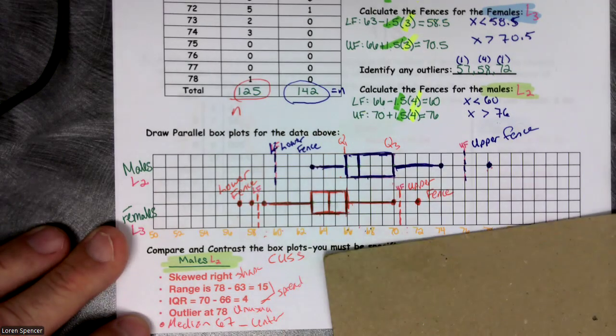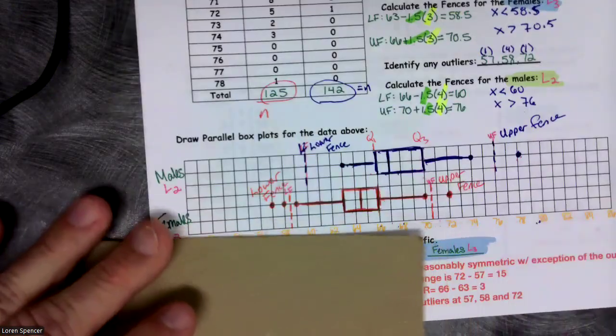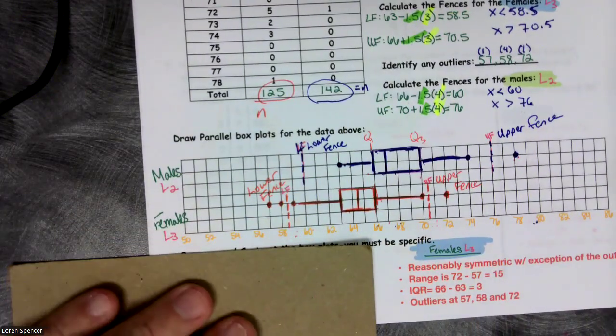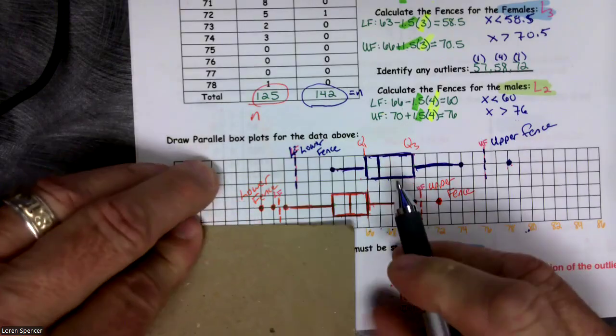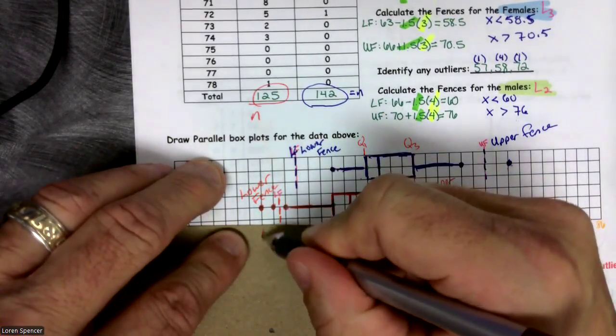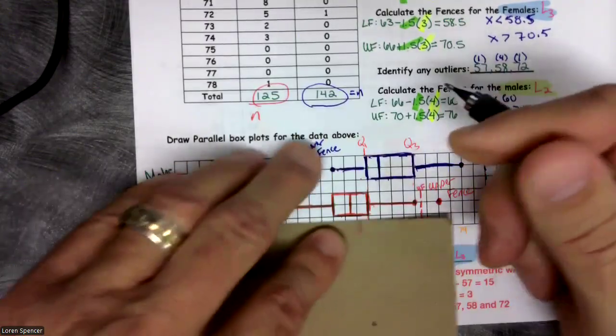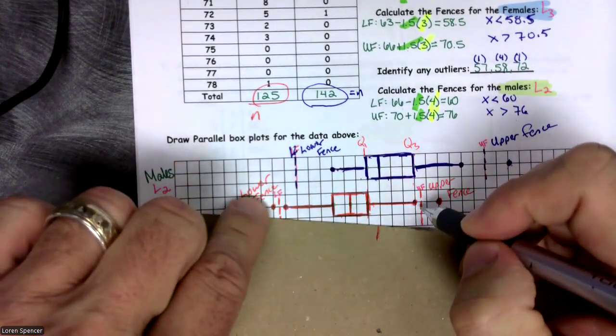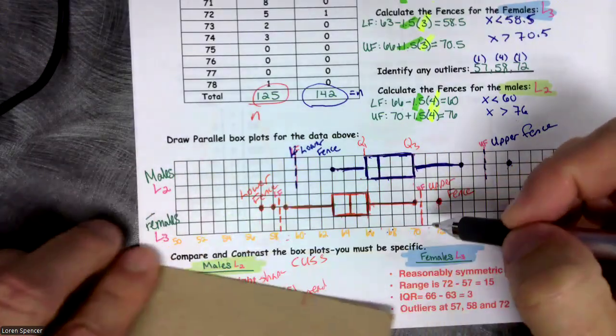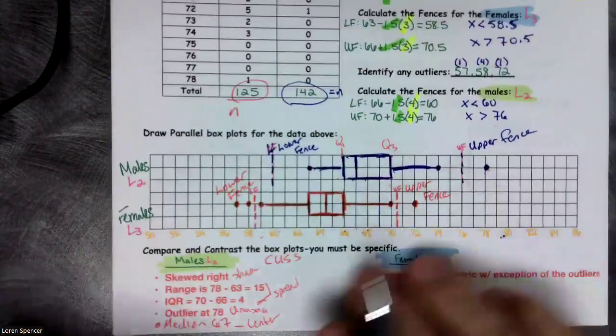Okay? All right, so for the females, when I look at the females, it's like, you know what? This distance, and if I use my little guide right here, almost exactly the same. All right, so it's reasonably symmetric.